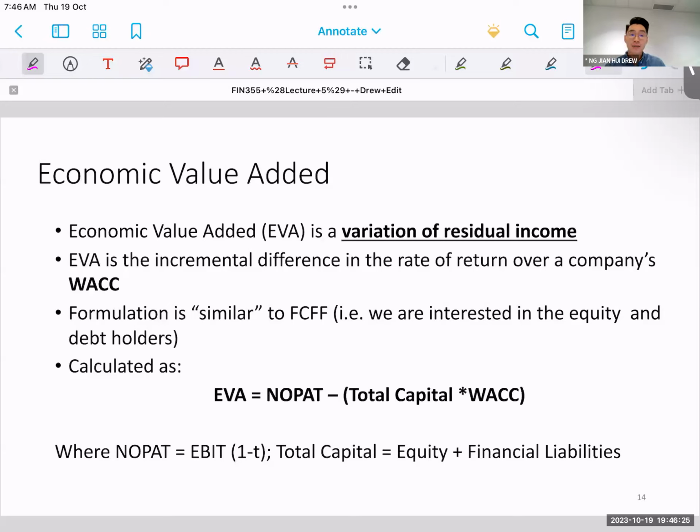So if you have read some outlook reports, those will be under the qualitative component of your valuation, and you can use them as certain assumptions for your forecast, your cash flow forecast. You can do that.